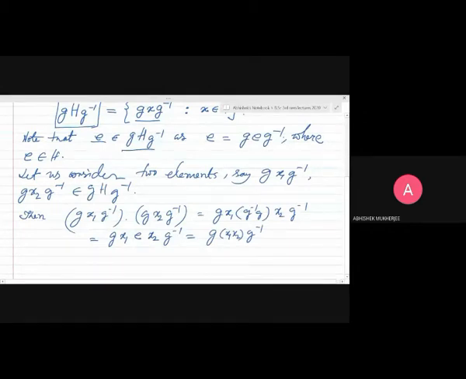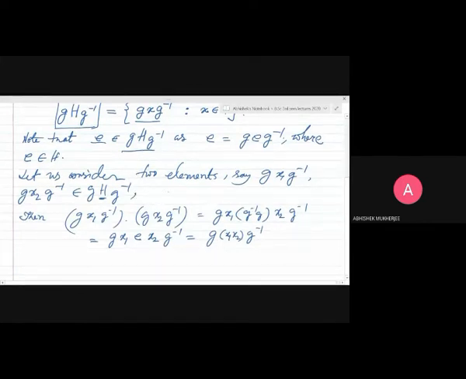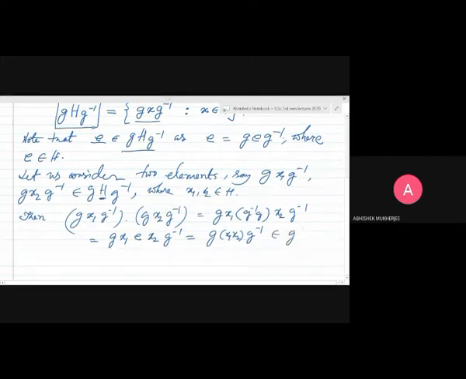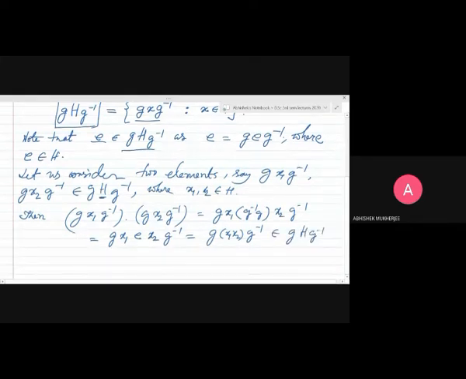Now since H is a subgroup and x1 and x2 both are in H, their composition x1 x2 is also in H. So therefore it is in G H G inverse. Okay.